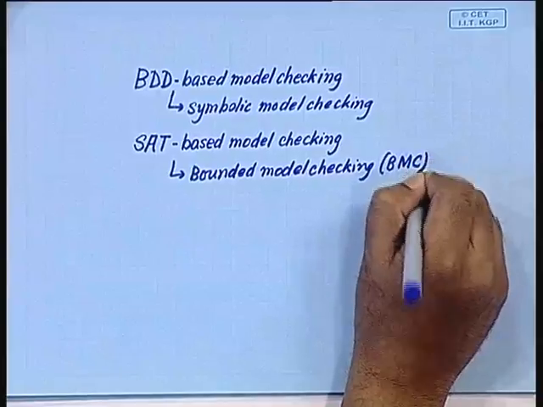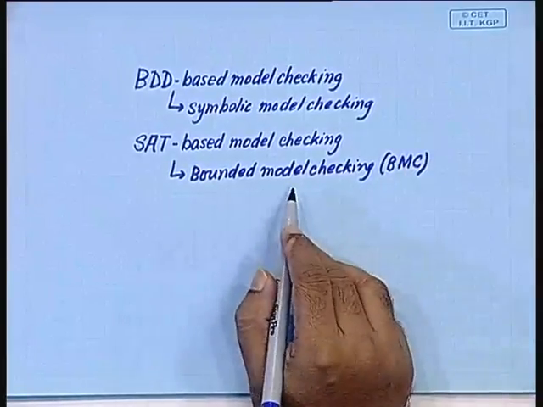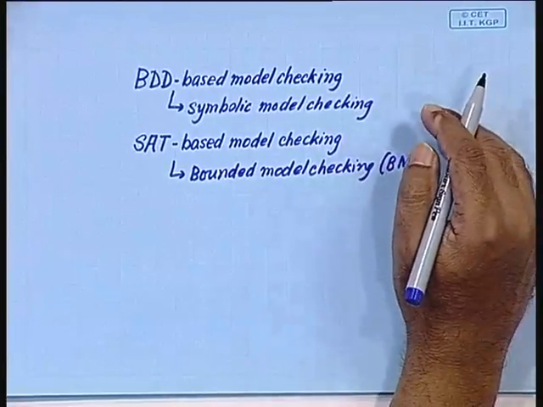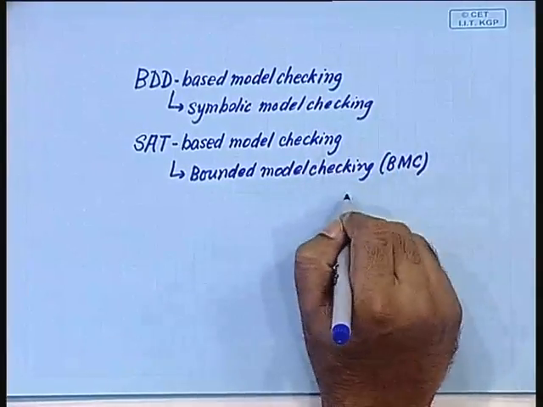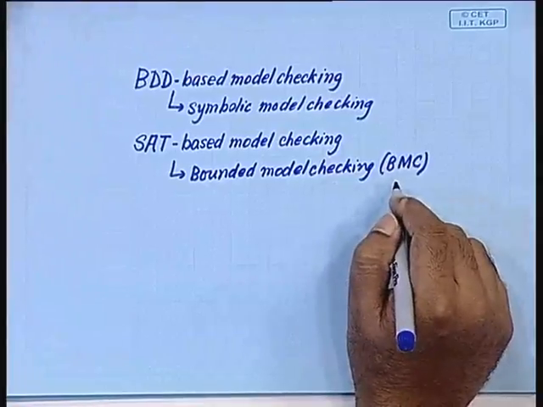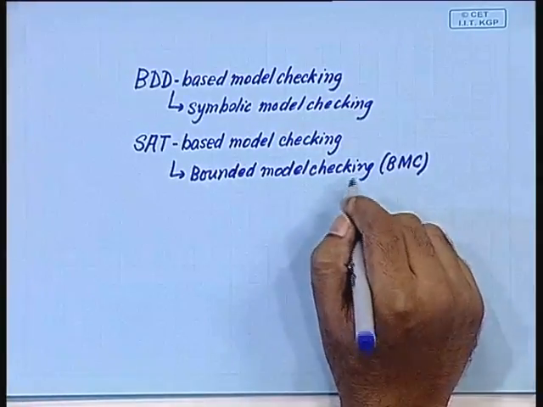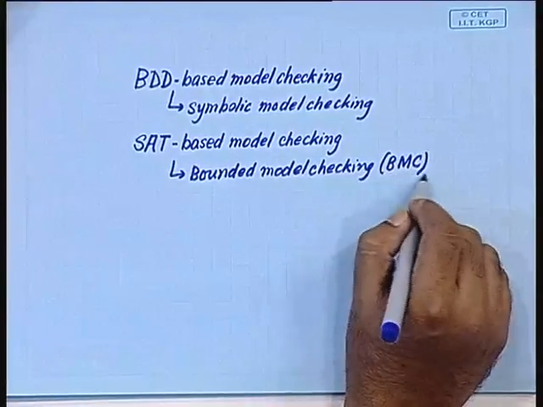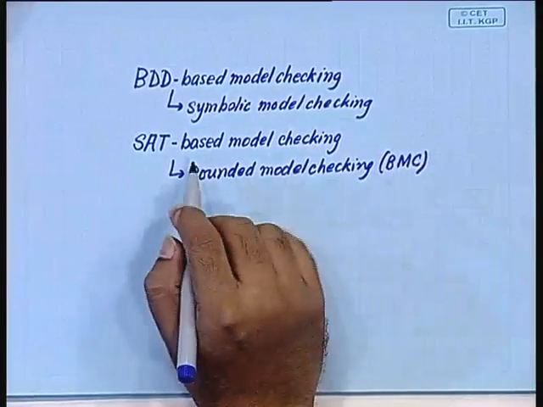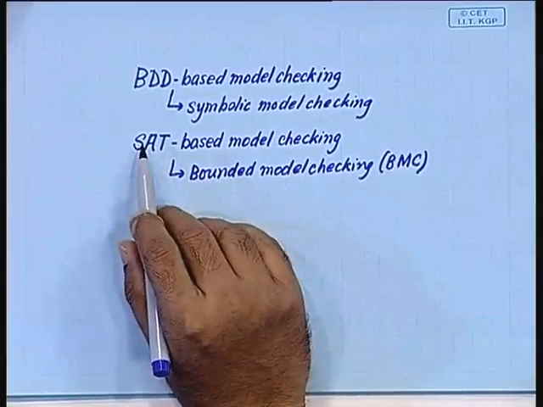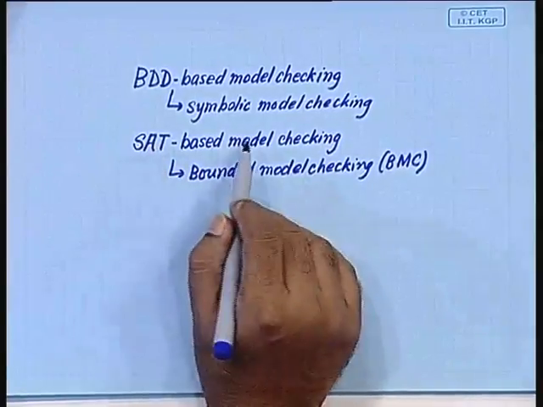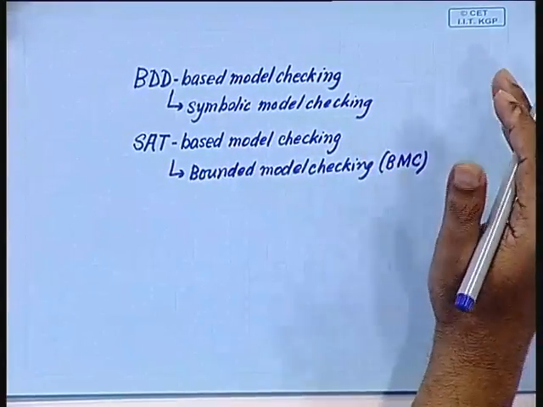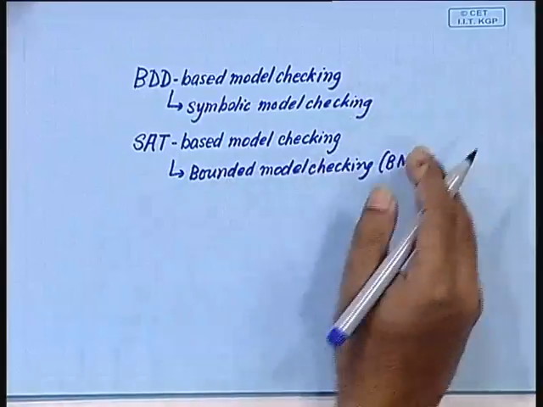Again you see, bounded model checking basically means that we want to check the truth of the property up to a certain temporal bound. So, I am going to look ahead for up to maybe k cycles and see whether I can get a proof or a refutation of the property within those k cycles, right. So, that is what is meant by bounded model checking. Again, it does not have any direct relationship with SAT, but SAT based model checking algorithms work with these bounds, and you can use BMC with SAT.